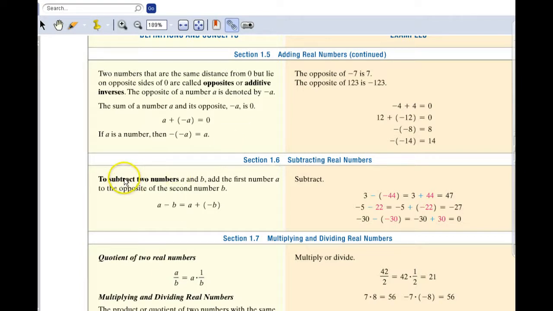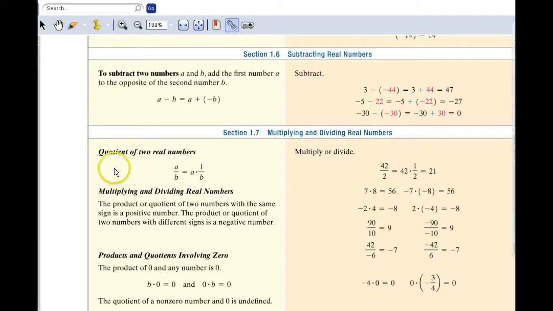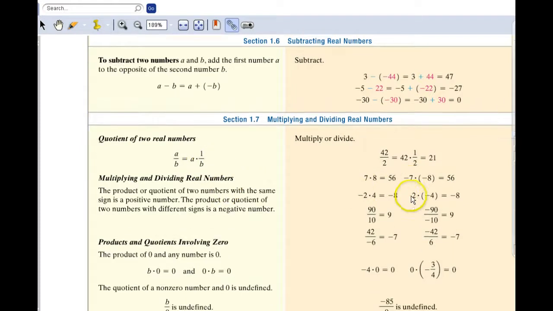The rule for subtraction, you may recall, is to change the sign of a number and then add it. Okay. The quotient of 2 real numbers, we can think of it as A divided by B, or the fraction A over B, in a sense is equal to A times 1 over B. Okay? And they give us some examples here.